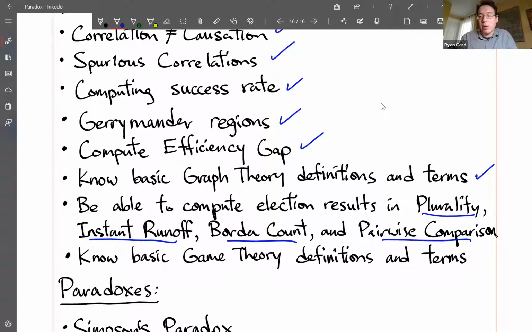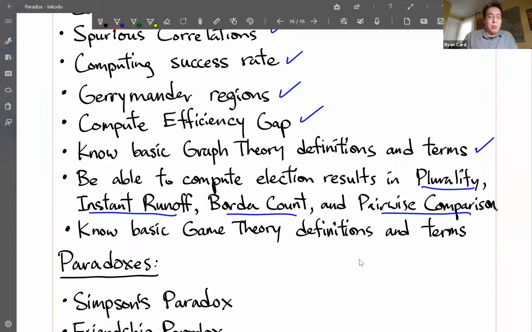And pairwise comparison cares about which candidate tends to be preferred when you put it against another candidate. Those four are very reasonable ways to compute election results, although they come up with different results. So you should be able to compute them.